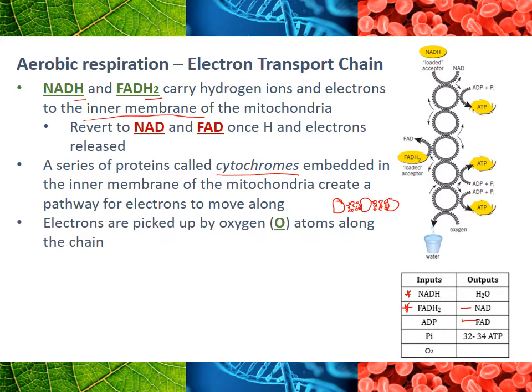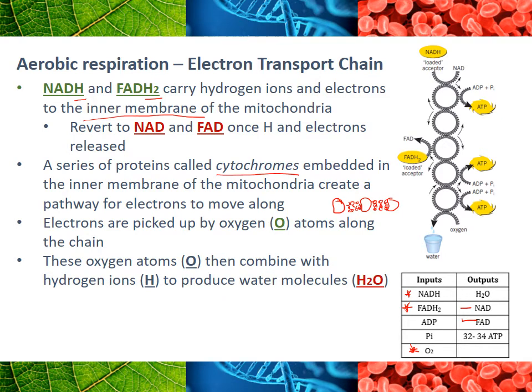Now, the electrons that were released by the NADH and FADH2 move along the chain, and they get picked up by oxygen atoms. Okay, so our oxygen came in. The oxygen will pick up electrons. And when they pick up those electrons, the oxygen becomes unstable.